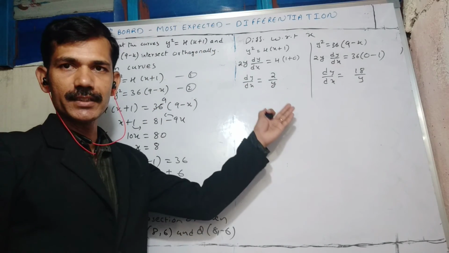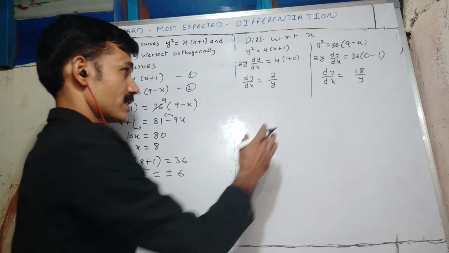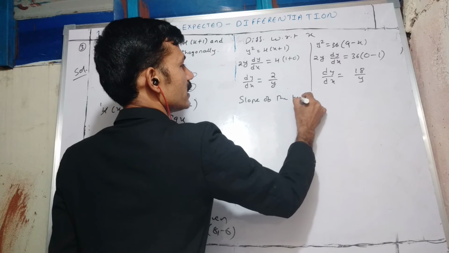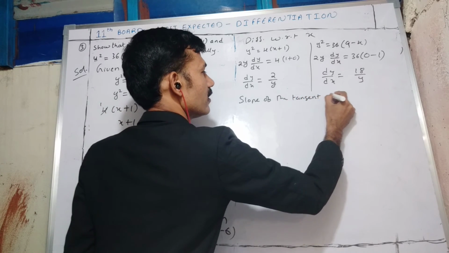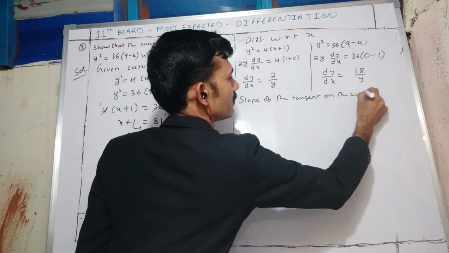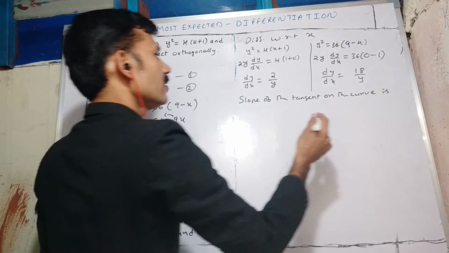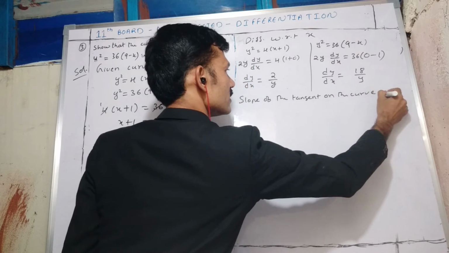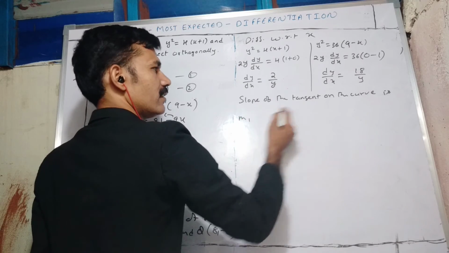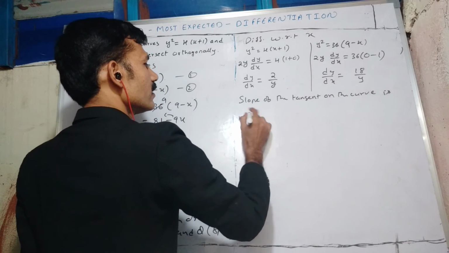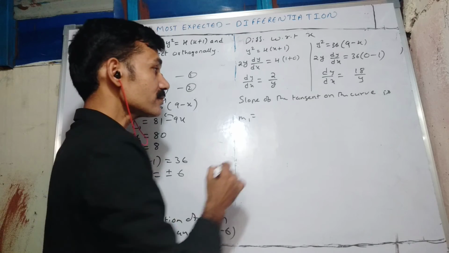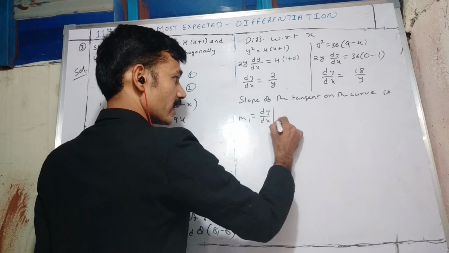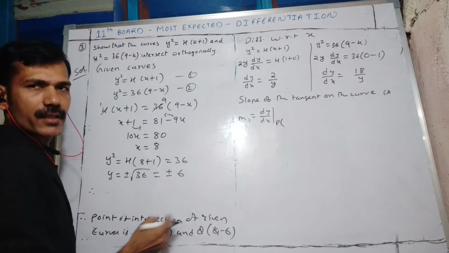Okay, after differentiating we have to find the slopes. Okay, the slope of the tangent on the curve. We are finding two slopes on the curves separately, m1 and m2. So how are we going to get m1? We have to find the slope, which means we have to find the derivative at the point (8, 6).